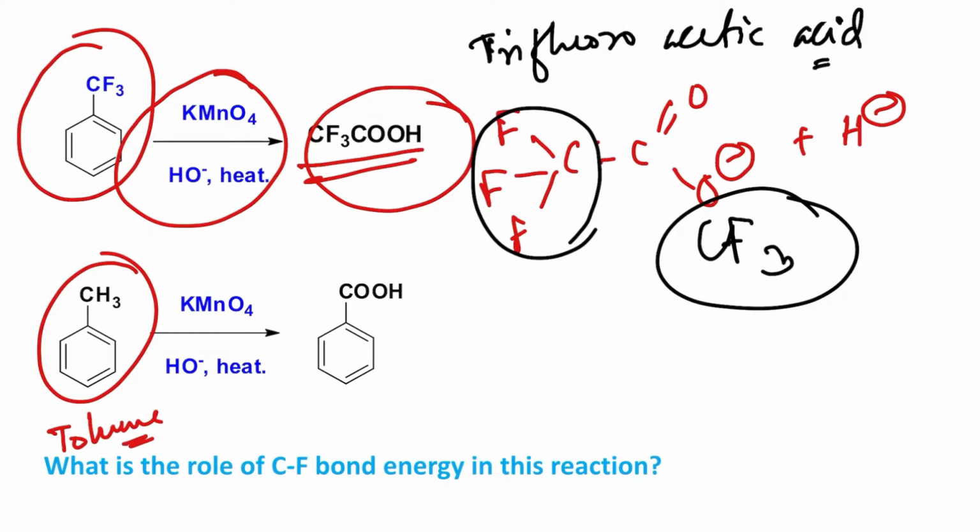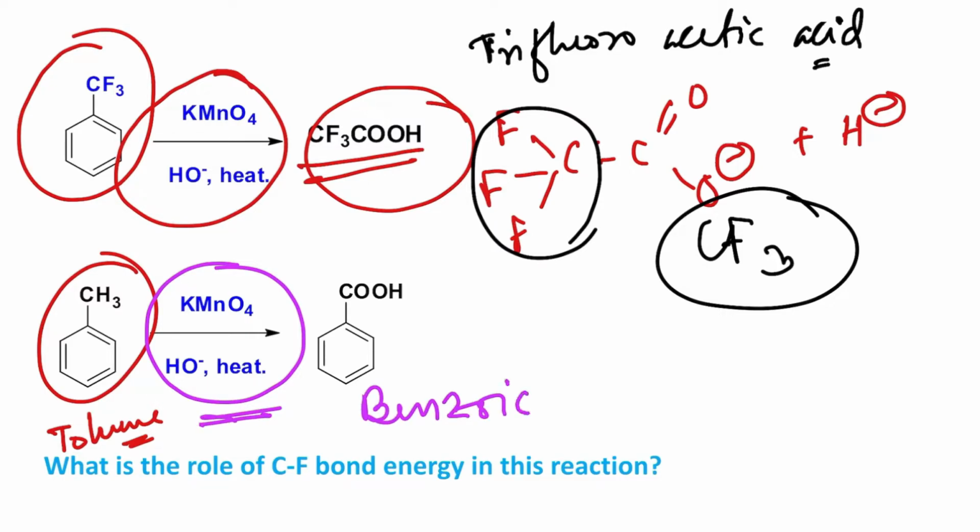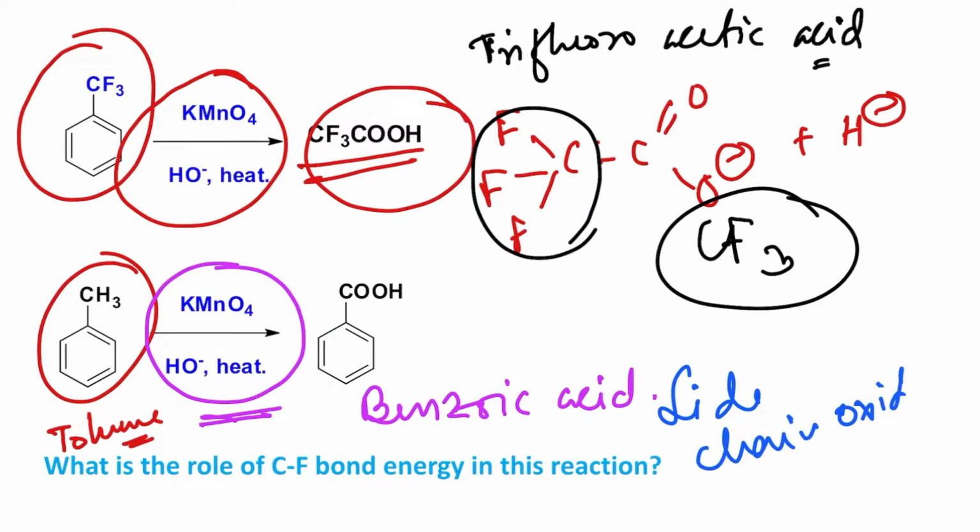So this is the uniqueness, but the main interesting point arises if you oxidize toluene with KMnO4. It produces benzoic acid, and the concept is called side chain oxidation. I have already discussed this concept in detail in a dedicated video on carboxylic acid preparation.